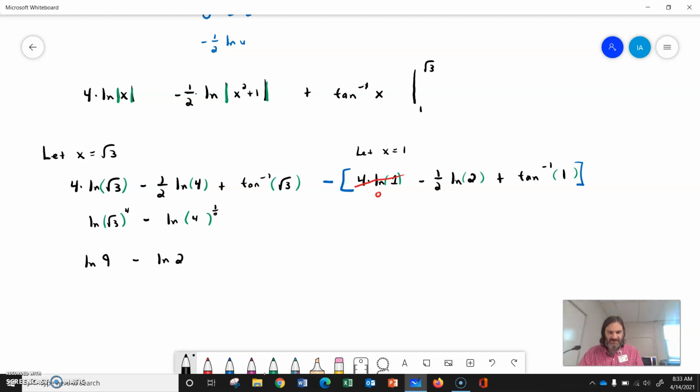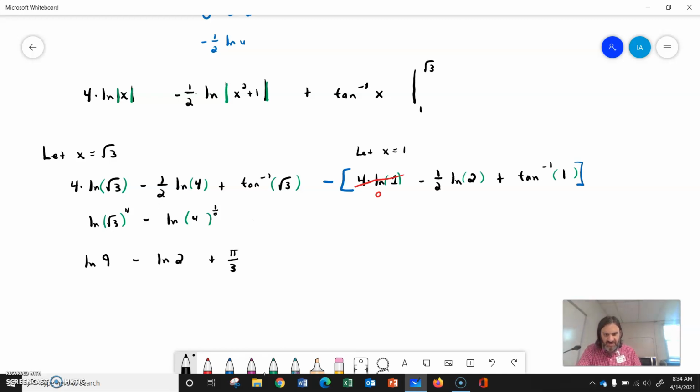And then we need a tangent inverse of square root of 3. So basically that would look like square root of 3 over 2, 1 over 2. This is y, this is x. So that would be, and you can use your calculator for this, but that would give you pi over 3. So we will have plus pi over 3.